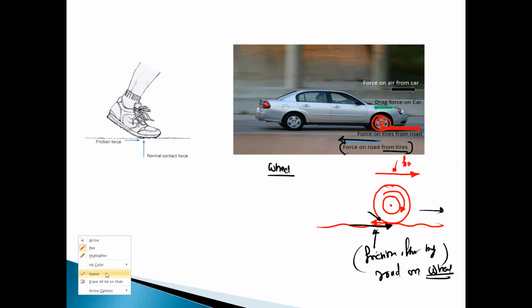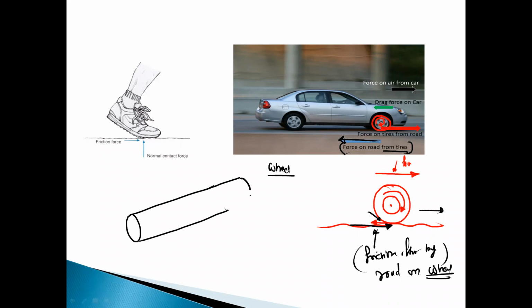Sometimes the friction will create the problem. Okay, so in case of rotating machines, suppose we have one shaft which is used in some mechanism, and it is rotating with some angular speed or RPM n.